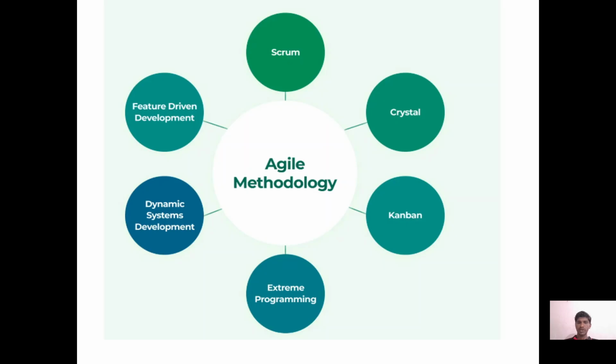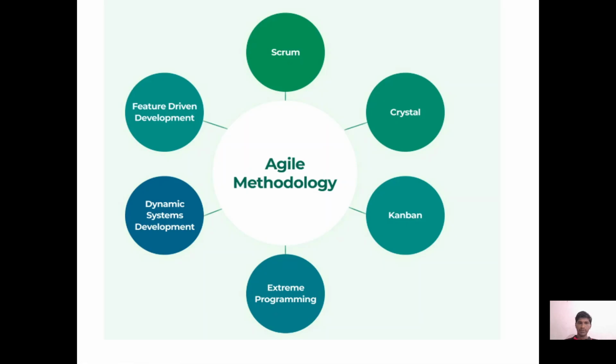Next is extreme programming. Extreme programming is also an agile development methodology which focuses on high quality software development, testing, and maintainability. It is based on test driven development, pair programming, and also continuous integration.